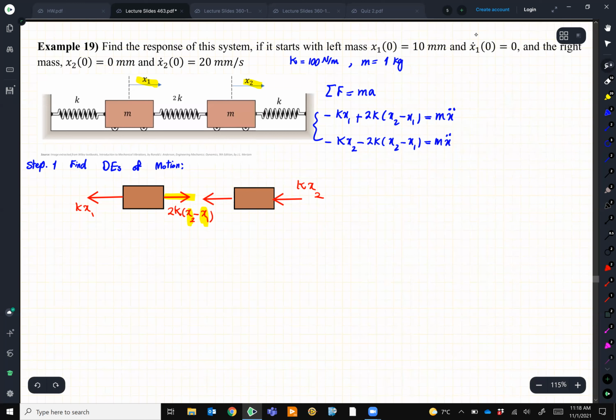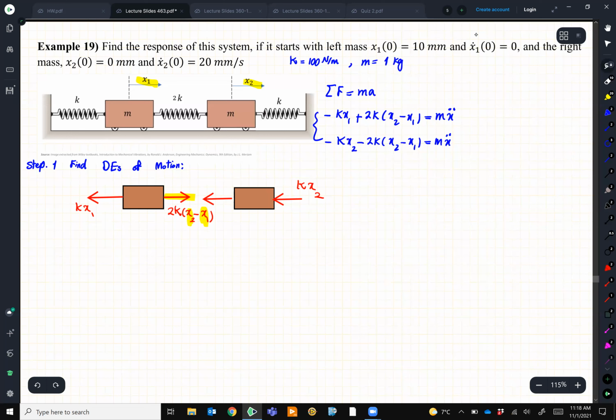Thank you. So let's make sure that everything is correct here. k x1, right? This is 2k (x2 minus x1). We assume x2 is bigger, so this is tension. So seems okay over here.